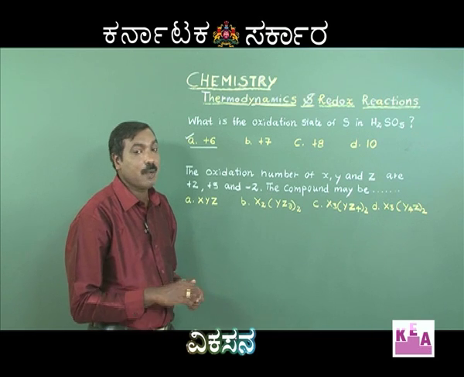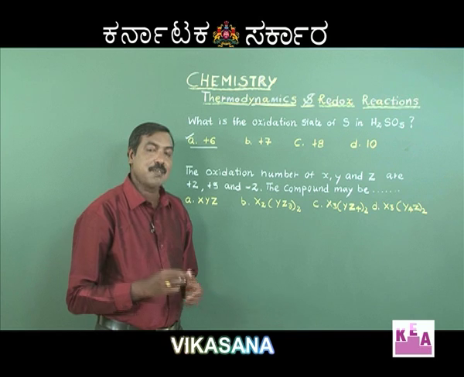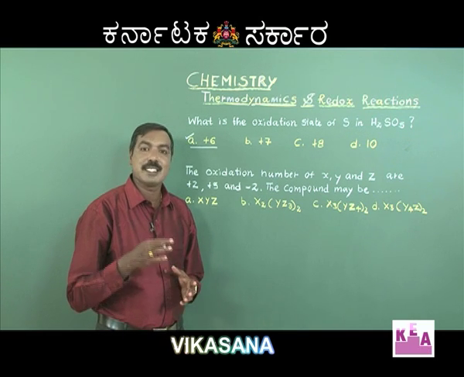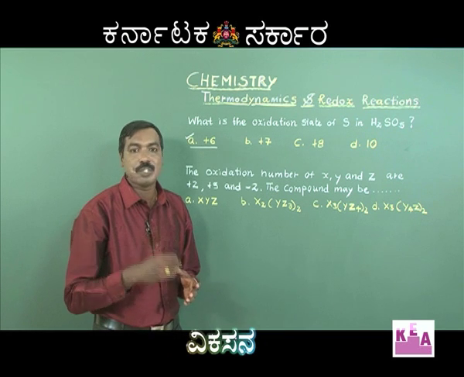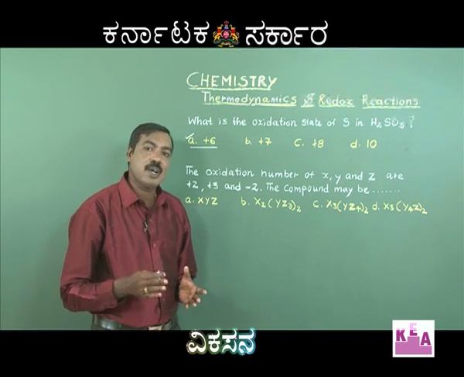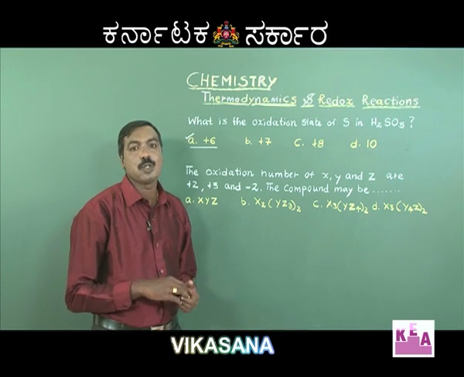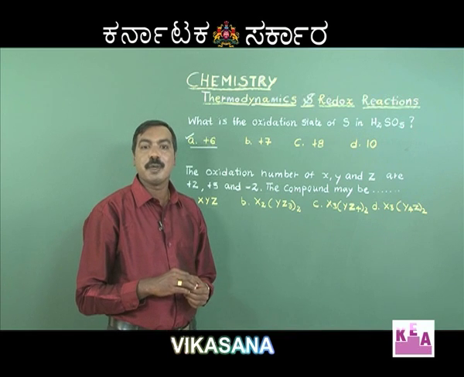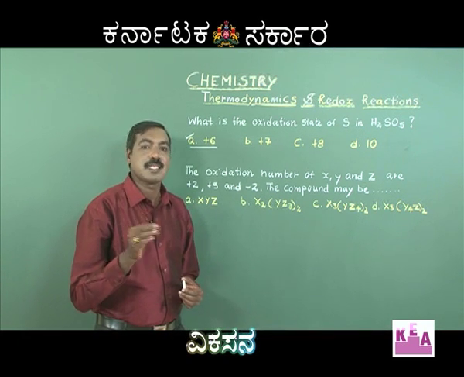Like that, one more exceptional case, CrO5. If you work it out, you get X plus 5 times -2 is equal to 0, X would be equal to 10, but chromium cannot have an oxidation state of +10. In CrO5, the oxidation state of chromium happens to be +6.